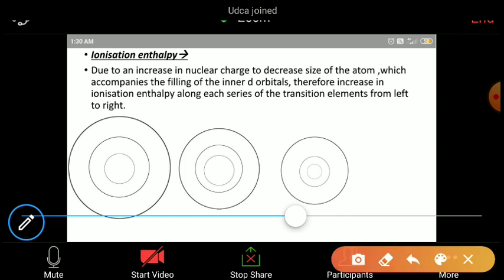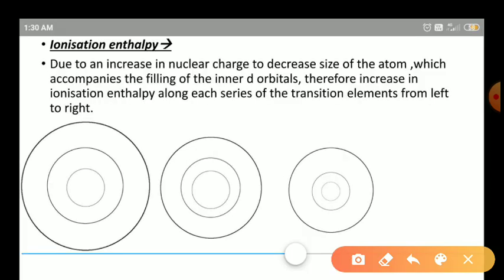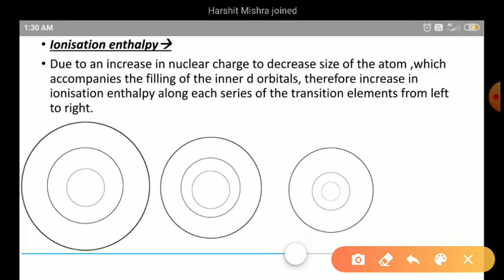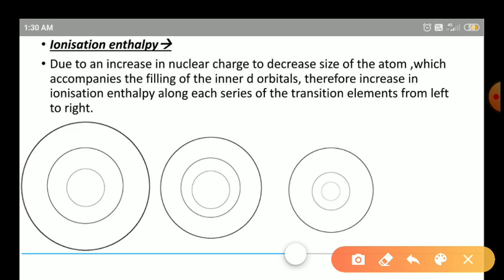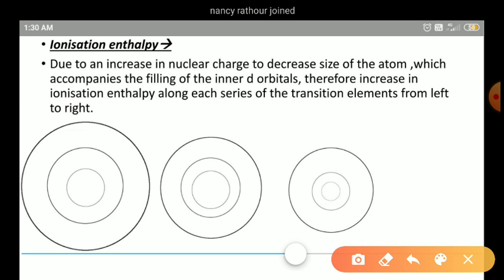As we move from left to right, from scandium to manganese, the atomic size goes on decreasing and the number of protons, or effective nuclear charge, increases.